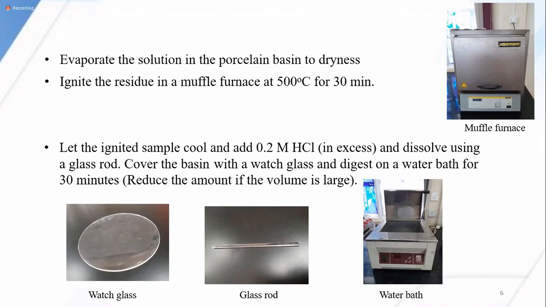After adding the HCl, you have to cover the crucible. So what is the purpose of doing that? Any idea?